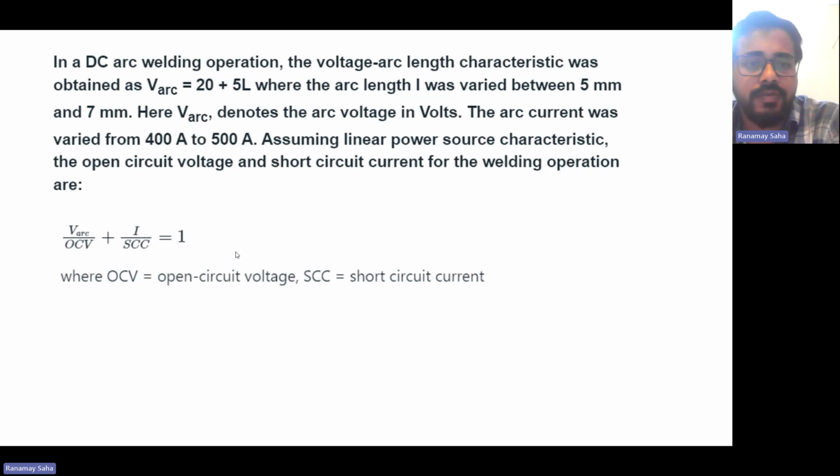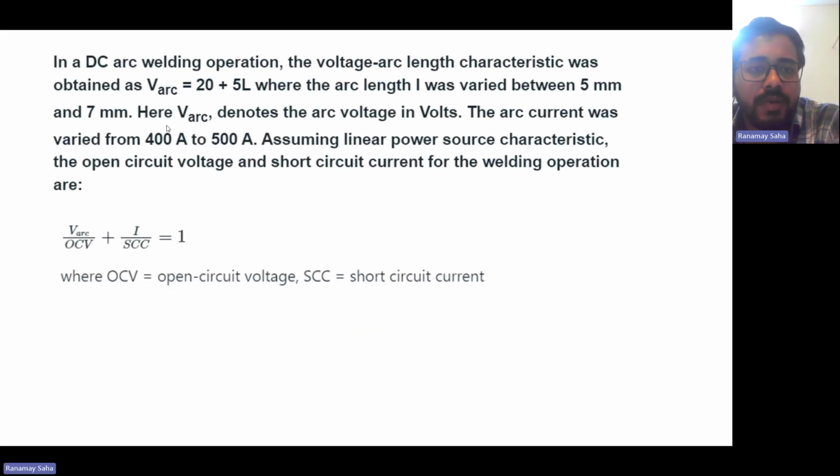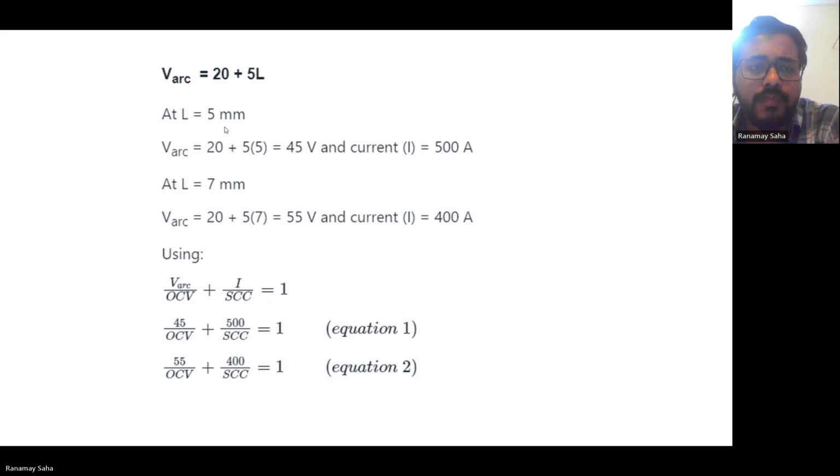Okay, let's look at the solution now. The voltage arc length characteristic was obtained as 20 plus 5L, right? So V arc is 20 plus 5L, and length has been varied from 5 mm to 7 mm. At the same time, current was varied from 400 to 500. So when L was 5 mm, the current was 500 ampere, right?